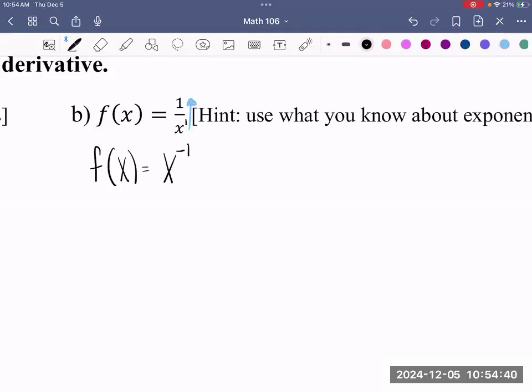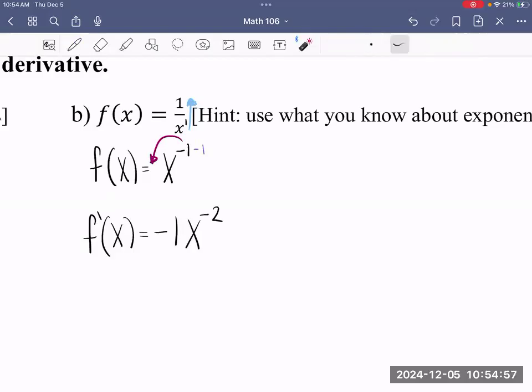Now we can go ahead and apply your power rule. The negative 1 drops, and then we can subtract a 1. So that just makes it more negative. So now it is negative 2. And again, my rule is if it starts as a rational function, so 1 over your variable or a number over your variable, we want to end with it in the denominator.